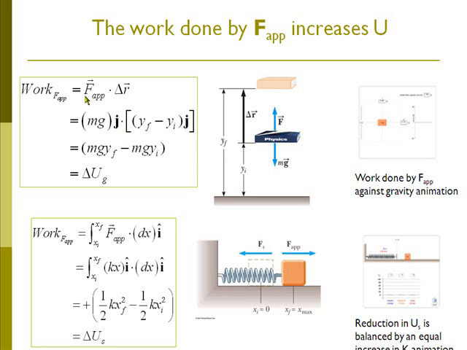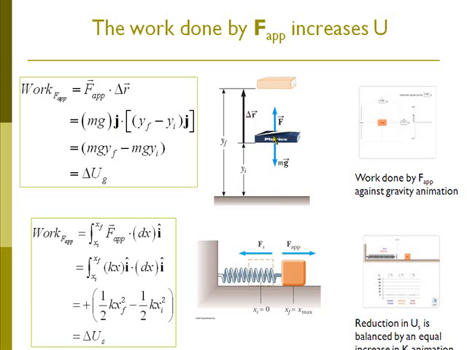In the first case, we see that the applied force, because it balances the force of gravity, in other words, it's equal but in the opposite direction, is given by mg in the positive j-hat direction.